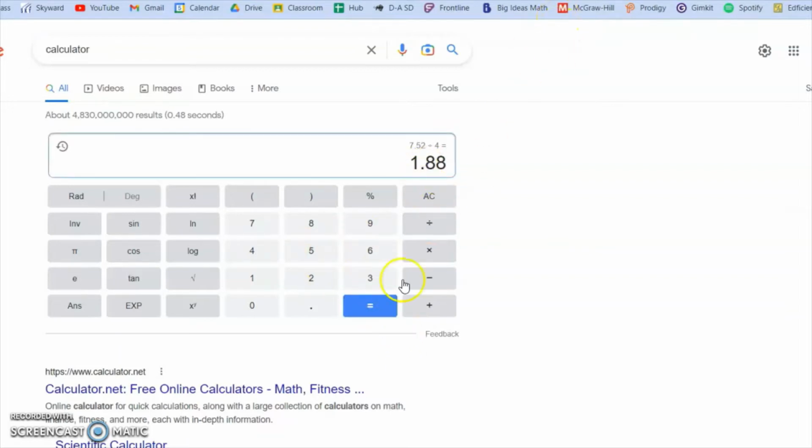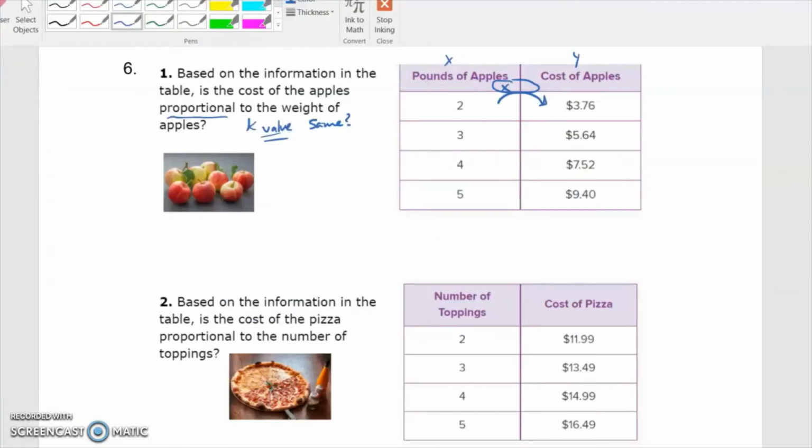Look at that, it's $1.88 each time. So what that tells me is that each pound of apples costs $1.88. So is the cost of the apples proportional to the weight? Yes, it is. It's $1.88 for each pound.